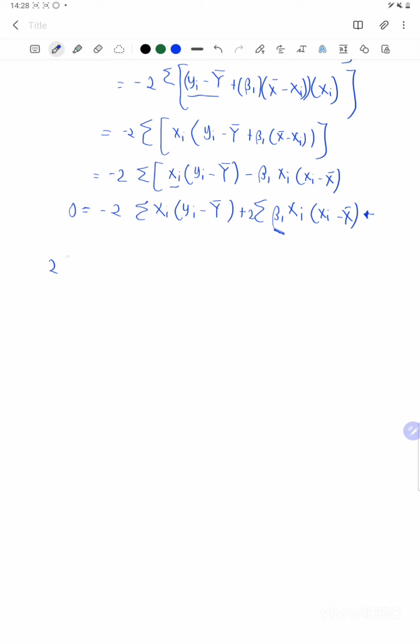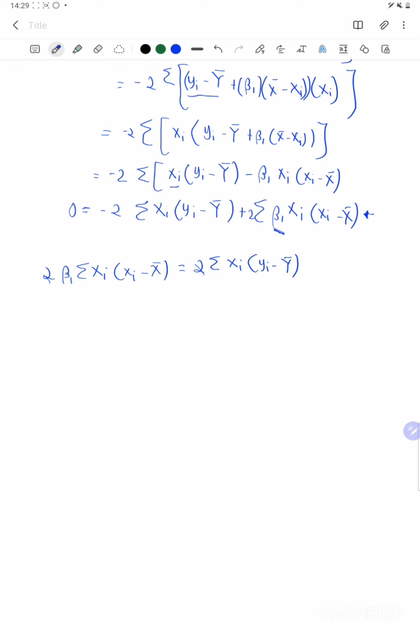So 2 theta 1 summation xi minus the mean is equal to summation xi yi minus the y mean.